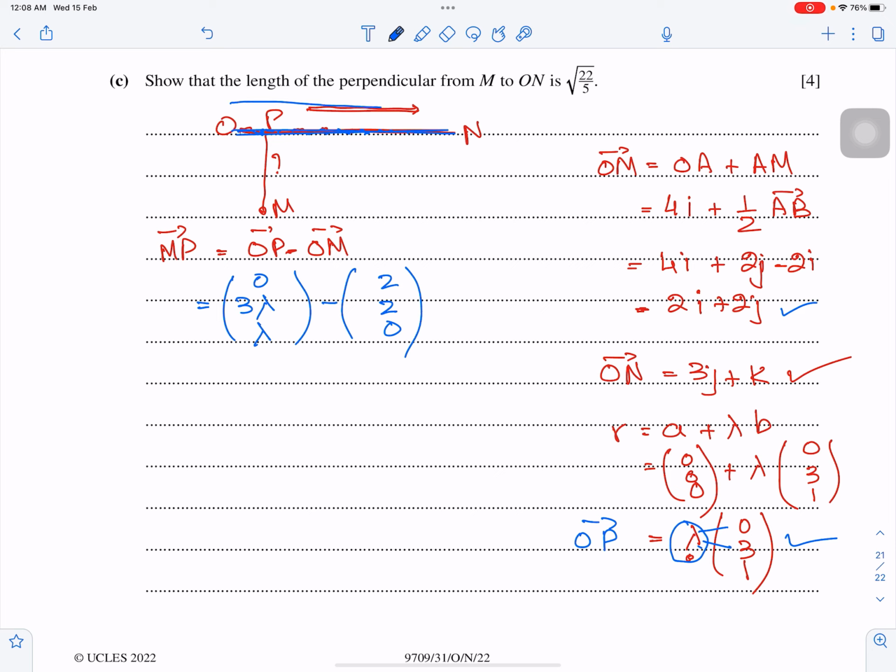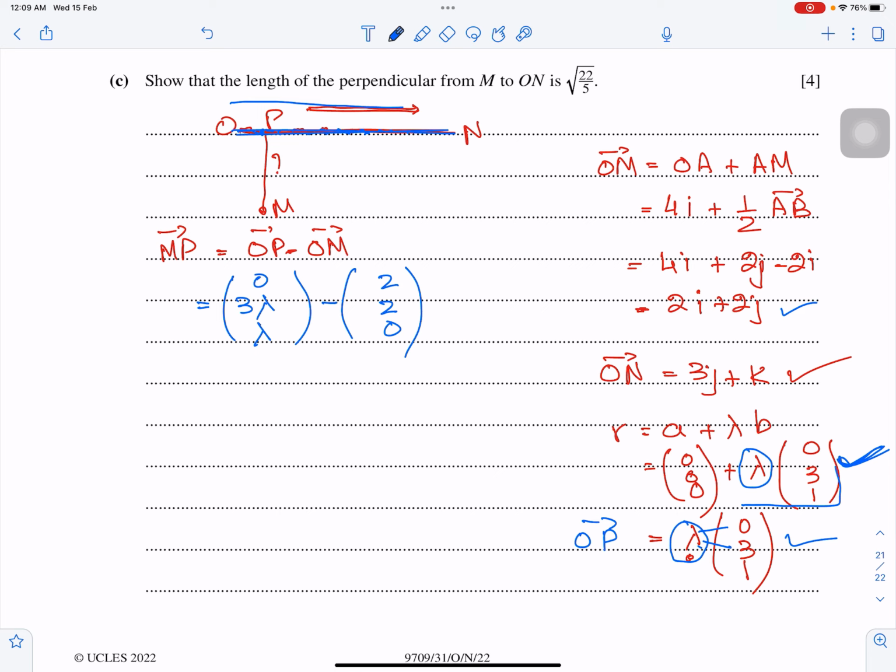As you change the value of lambda, it will give you any point on line ON. So that's why I can say that this is my equation of OP as well, for any particular value of lambda which I will find out.